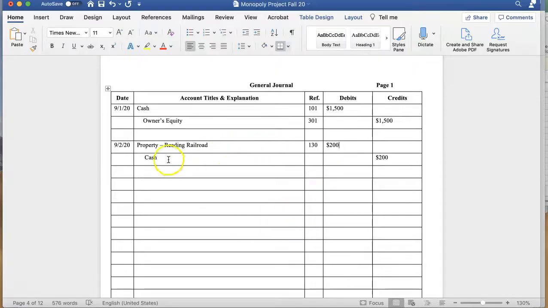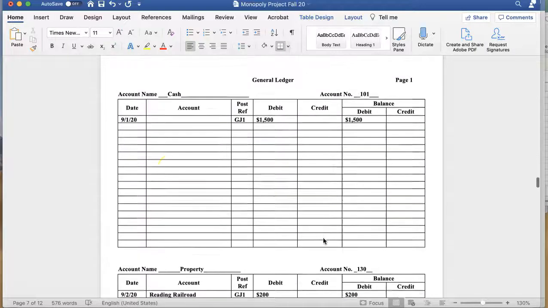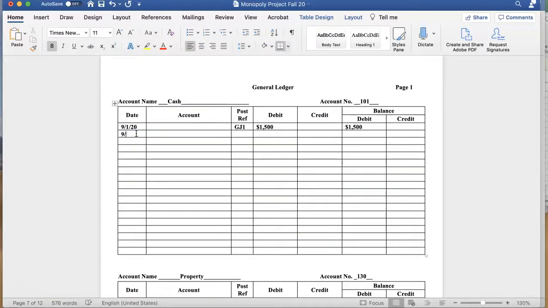And then let's record cash. So cash is a credit of $200 in this transaction. So we put the date, 9/2. It came from GJ page 1, and it was a credit of $200. So here's the key for correctly entering the information in the balance account. We had a debit balance prior to that of $1,500, and now we have a credit of $200.